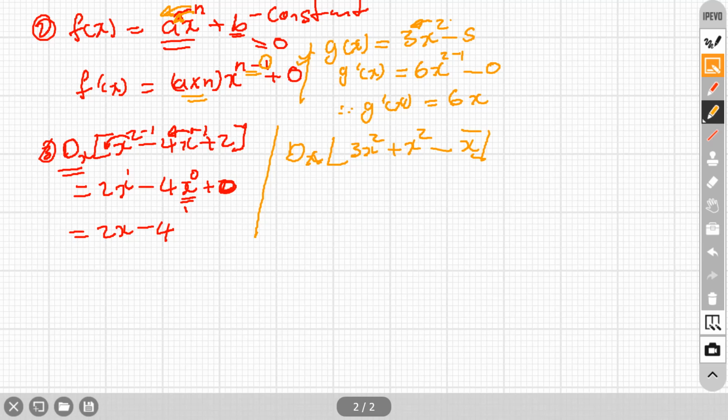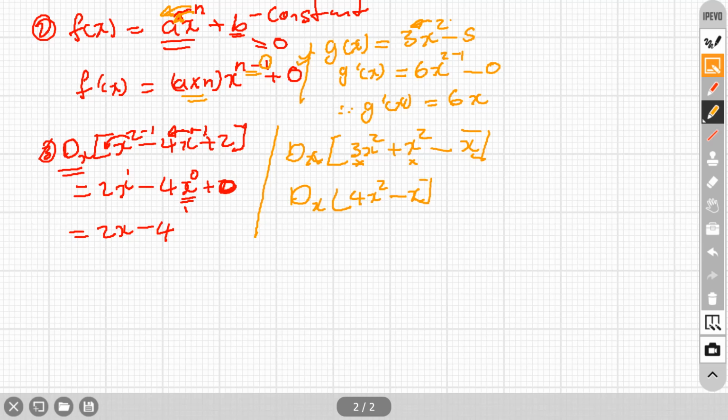Here it's clear that we have like terms, this one and this one. So now that we are simplifying first, we write d/dx, then brackets, then this one plus this one gives us 4x squared minus x.